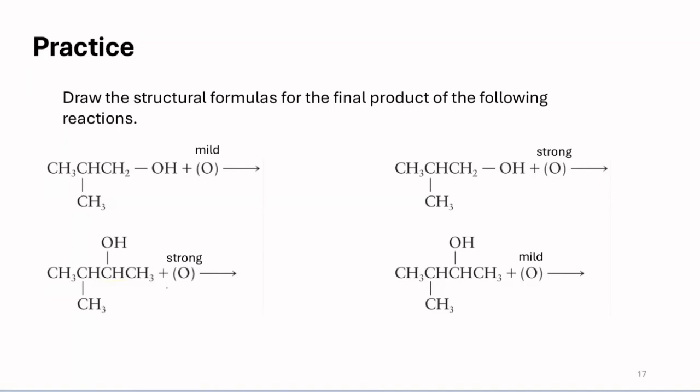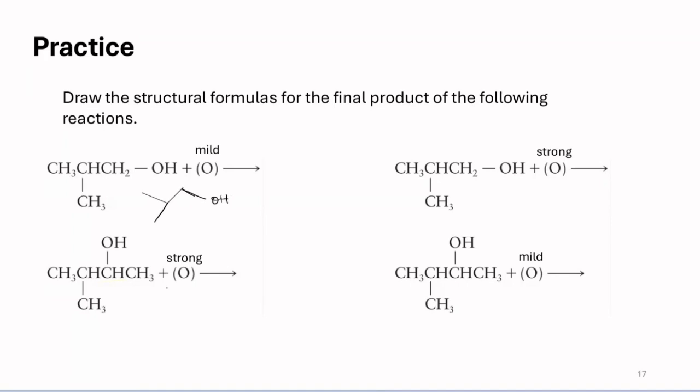The first molecule in its skeletal form is going to be shown as a CH3 connected to a carbon that is also connected to a CH3. That CH group is connected to a CH2 and then it's connected to OH.